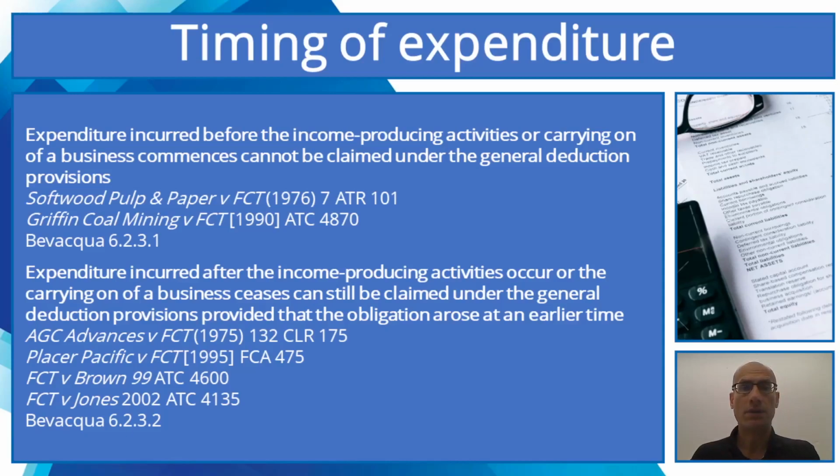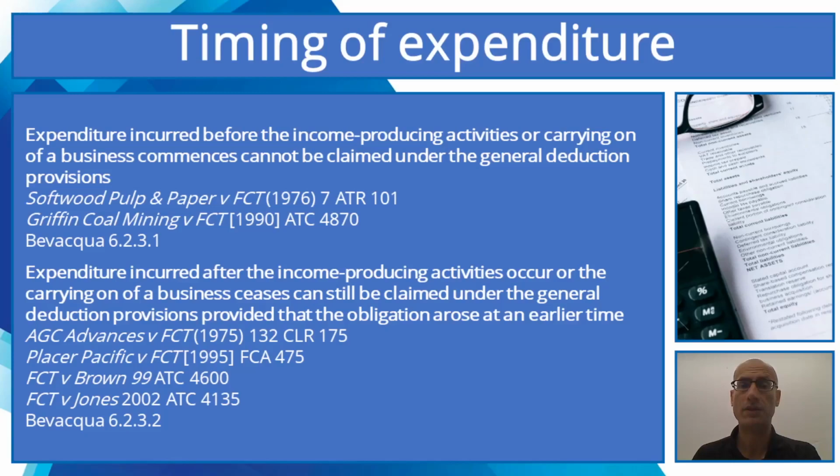And that's because the amounts that are incurred have been incurred as a preliminary step towards subsequently going and establishing a business or deriving income. So the courts have been quite firm on that particular point.